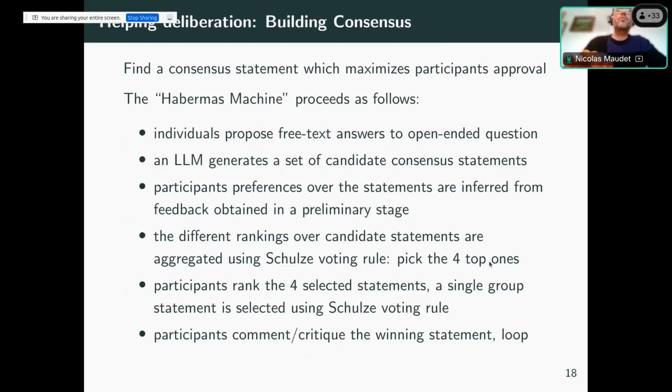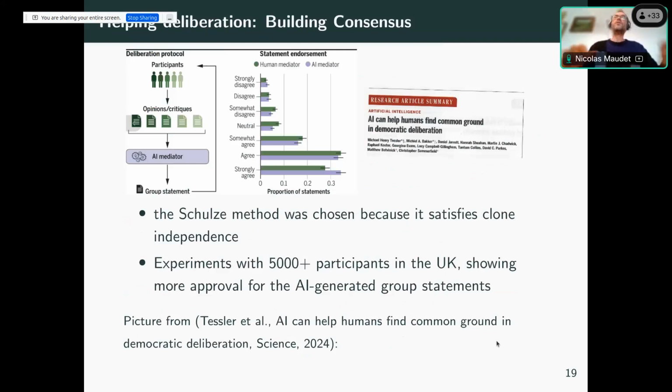You pick the top four, and then you ask participants to rank the four selected statements themselves, and again use the Schulze voting rule. In the end you get a single candidate consensus statement. Then you ask participants to comment on and critique the winning statement, and you loop and iterate.